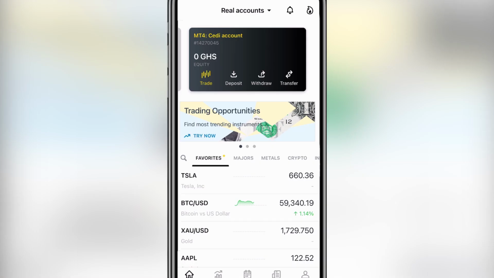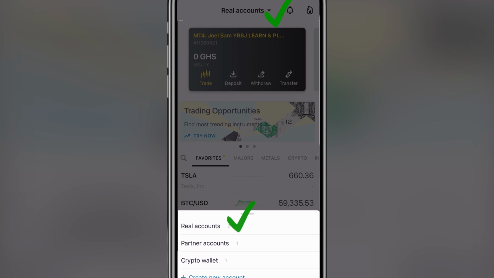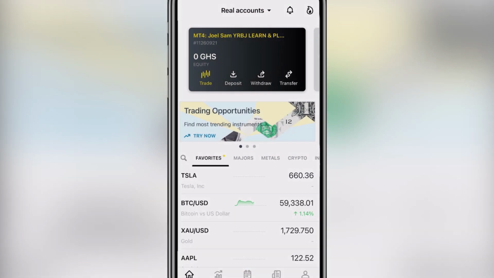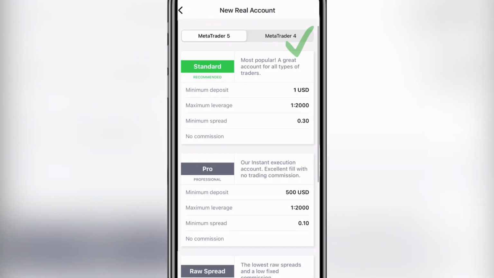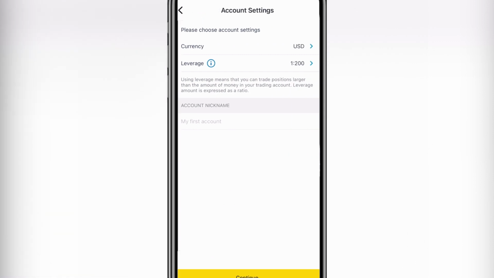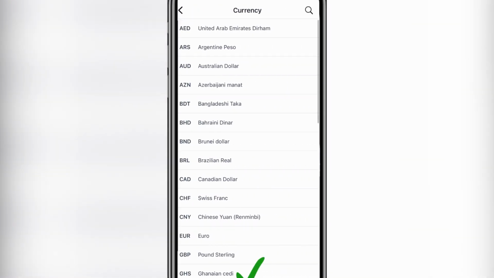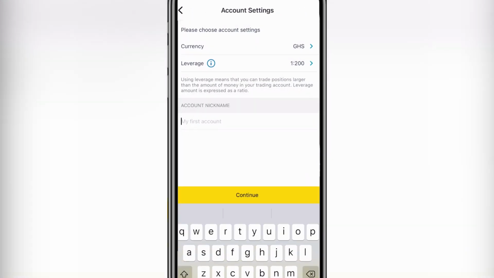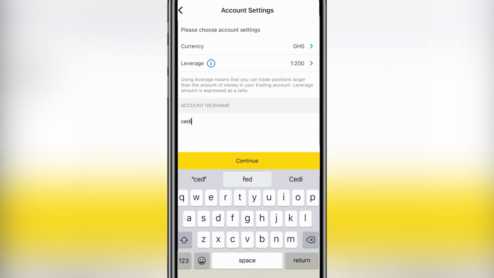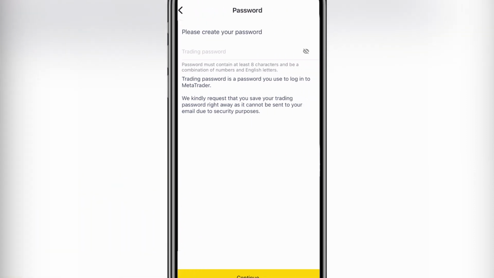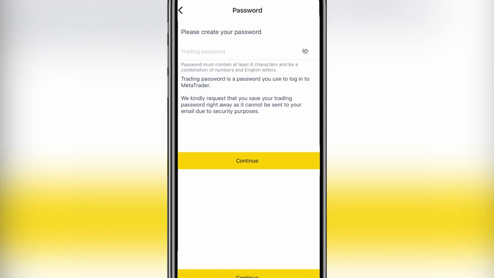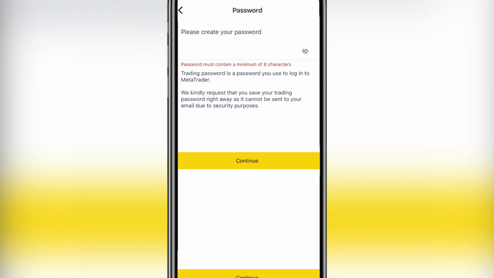Log into your Forex brokerage account and create a trading account. We are using Xness for this example, so we go into Xness and we create a new account. You select MT4. You select your leverage, you name your account, you choose the currency, and then you set your password.